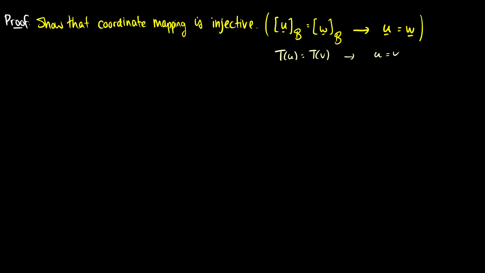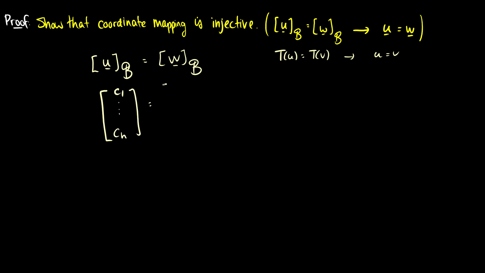This is the same concept. So let's assume that u relative to B is equal to w relative to B. I'm going to use, again, the same u and w as previously so I don't have to rewrite it. So again, this is just c1 all the way down to cn, and we say that this is equivalent to d1 all the way down to dn.